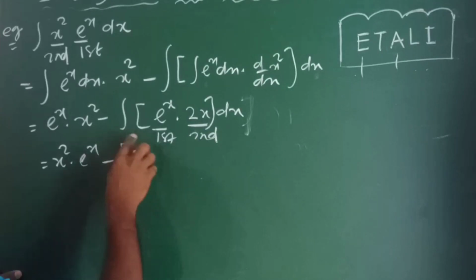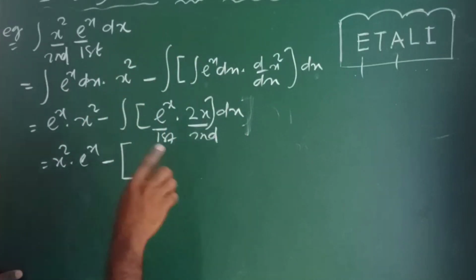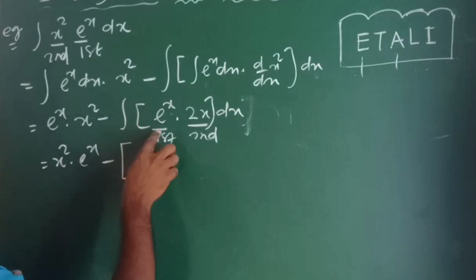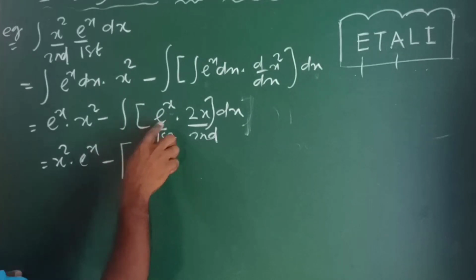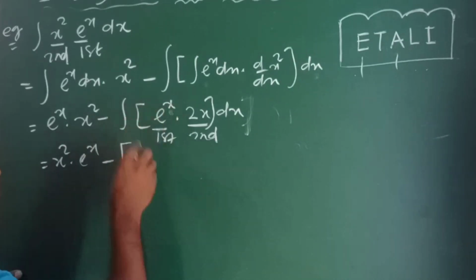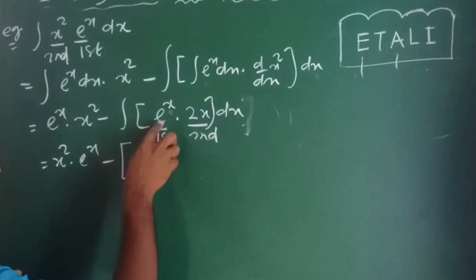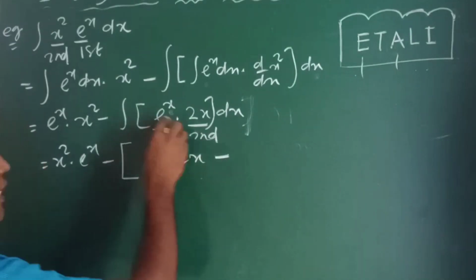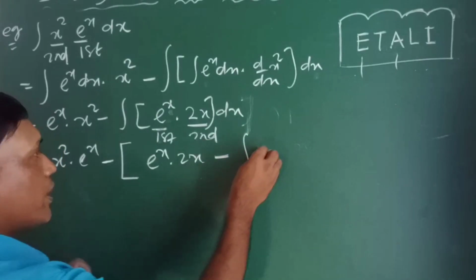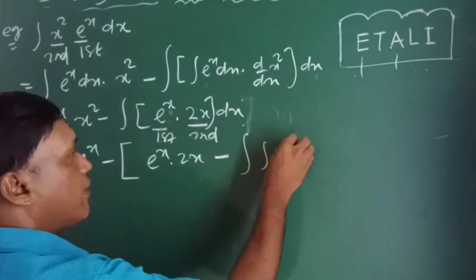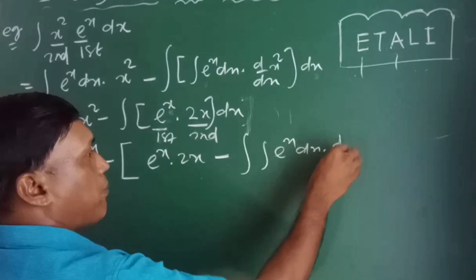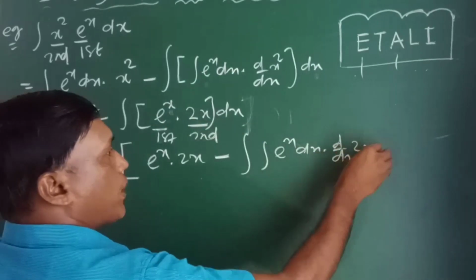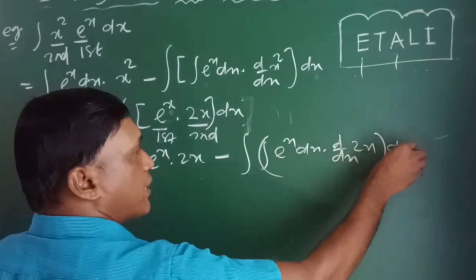So you have to apply by parts again here, and the by parts formula is: integration of first into second minus integration of derivative of second into integral of first. I am writing here the exponential function: integration of e to the power x means e to the power x, into second, 2x, minus the integration of derivative of second, which is 2, into e to the power x.